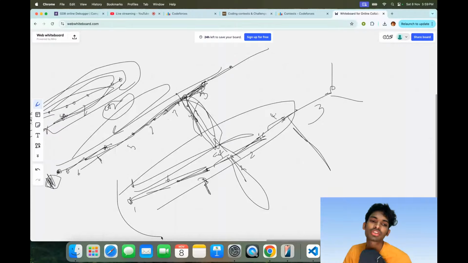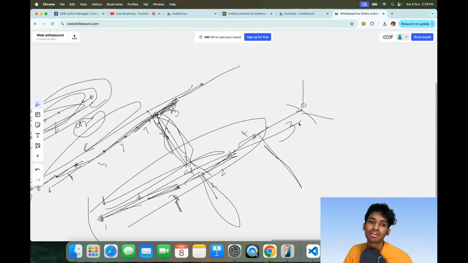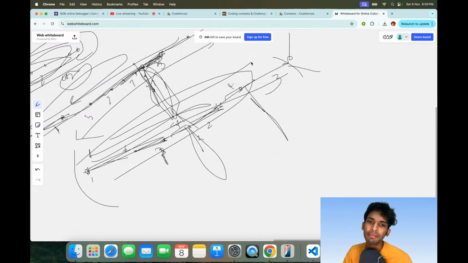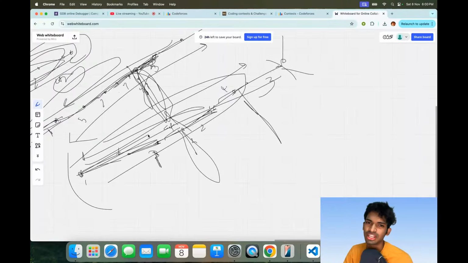So if you see the structure, only one path is important for us. There is one important path for us, like till here you come, and then after this 3, 4 doesn't fall on this side, 4 falls on this side.